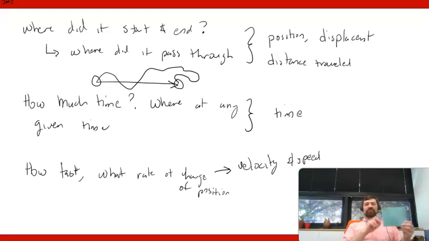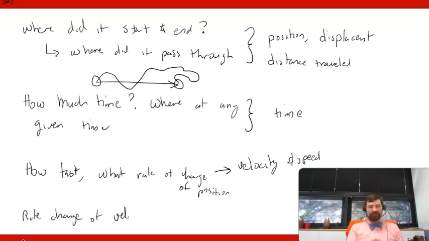Could also have a smoother rate change in which the thing is slowly moving and then getting quicker and quicker and quicker. Okay, so there could be some sense of a rate change of a rate change. So let's call that rate change of velocity or speed. This is what's called acceleration.